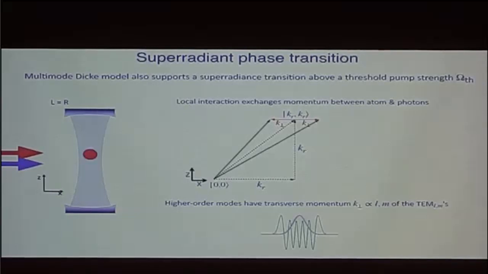Okay? Just mentally make the connection that these higher order modes, the L's and the M's of those higher order modes, are proportional to the transverse photon momentum in those higher order fields. So k perp is like L and M, and if L and M are like 10 or 20 or whatever, then you can actually have a substantial change in the momentum in this transverse plane, okay?